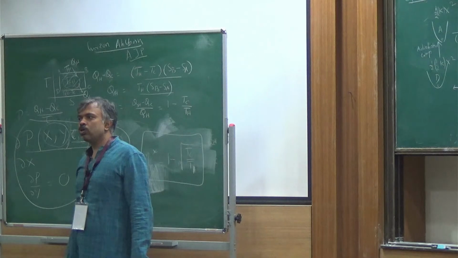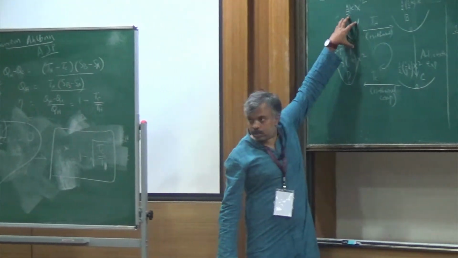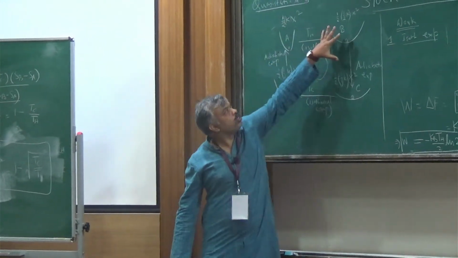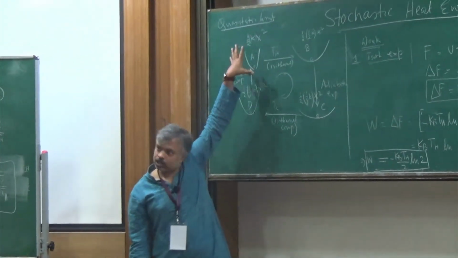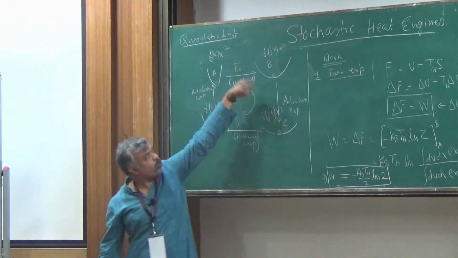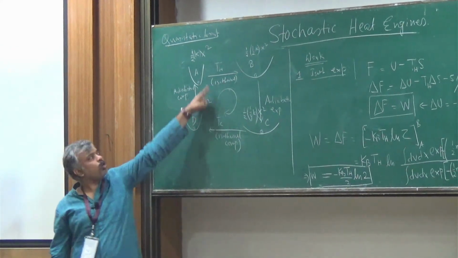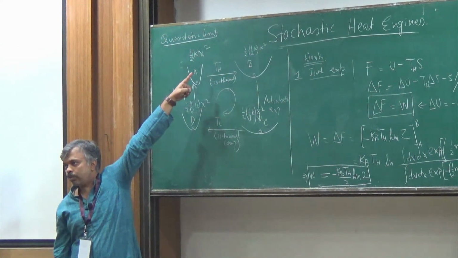So there's a hot bath and there's a cold bath. No, there is no simultaneous connection. Once this particle is here, in this isothermal step, it is only there. There is no cold bath attached to the particle. Now you go to an adiabatic jump, and then you come to the cold bath when the hot bath is not attached to the particle.